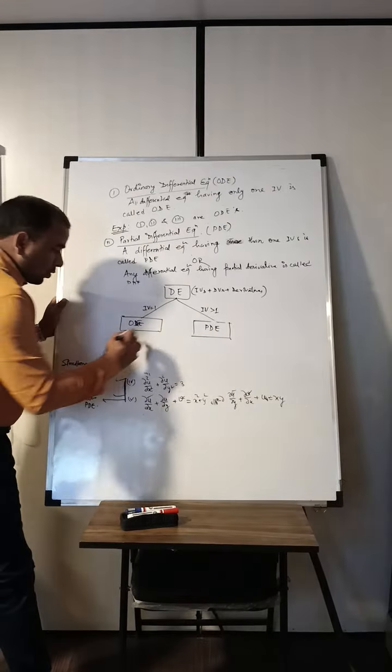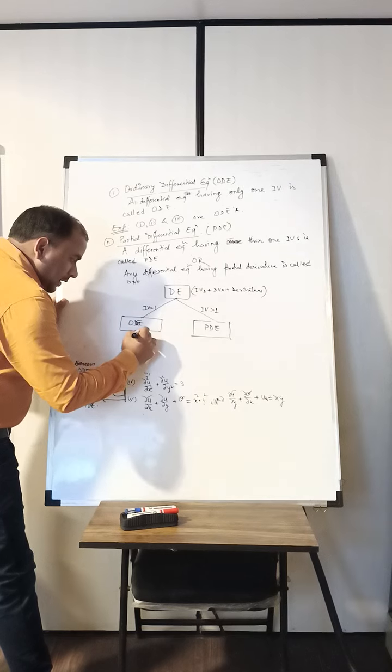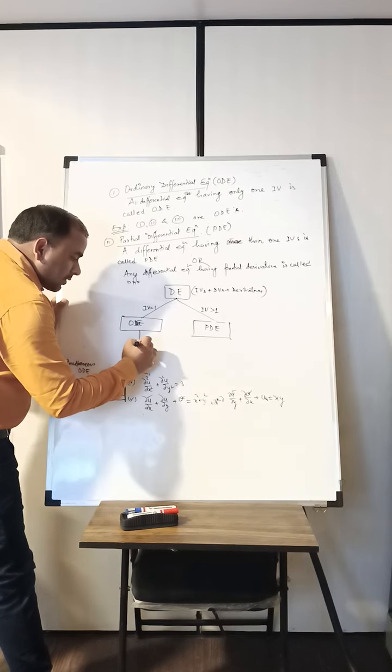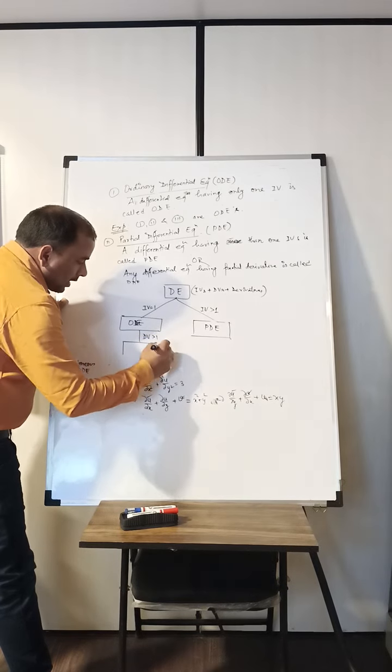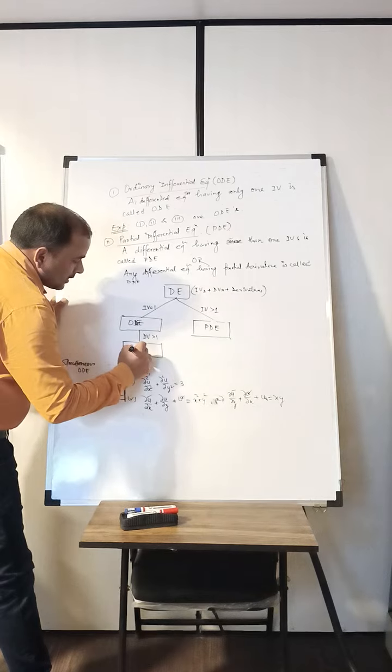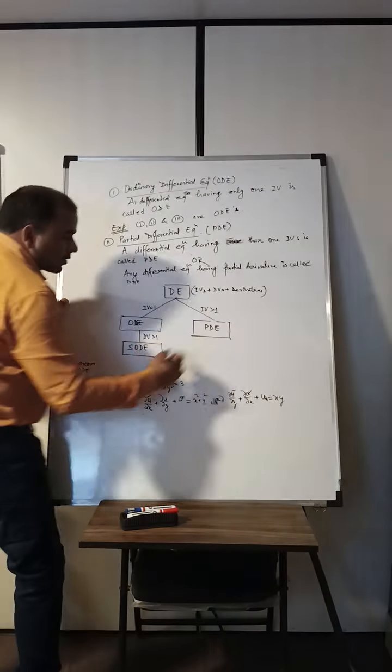And also, in an ordinary differential equation, if the dependent variables are more than 1, then it is called a simultaneous ordinary differential equation.